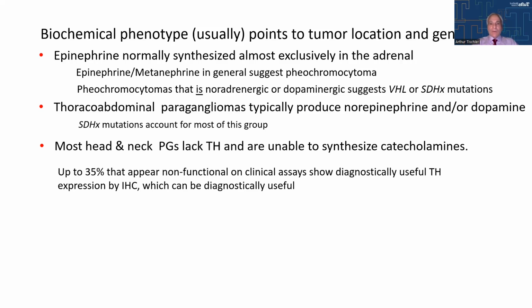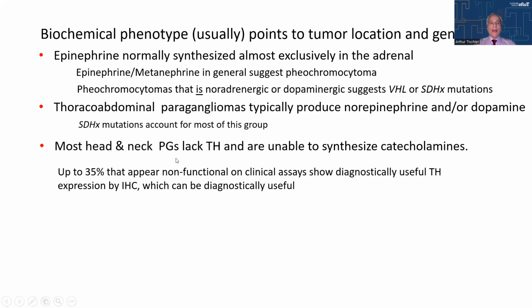Thoracoabdominal paragangliomas typically produce norepinephrine and/or dopamine and not epinephrine. SDHX mutations account for most of this group. And a tumor that is adrenergic is not likely to be in the thorax or abdomen outside of the adrenal, with the exception of the Chinese group that I mentioned earlier.